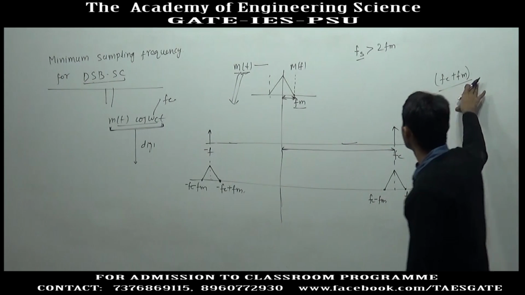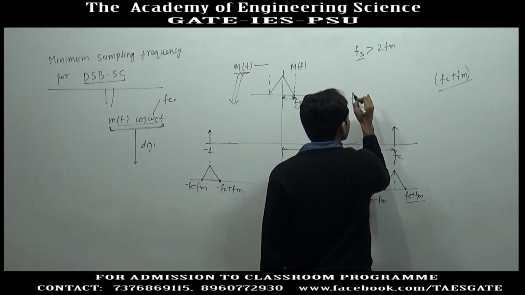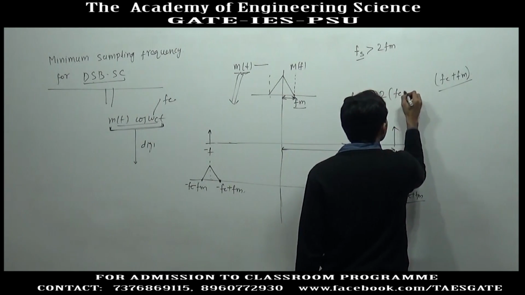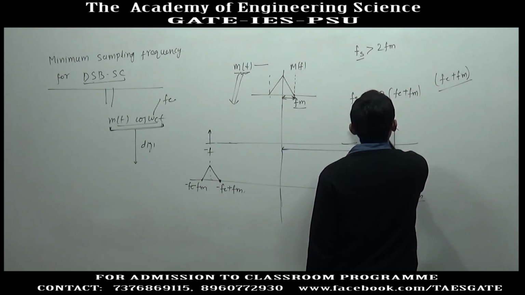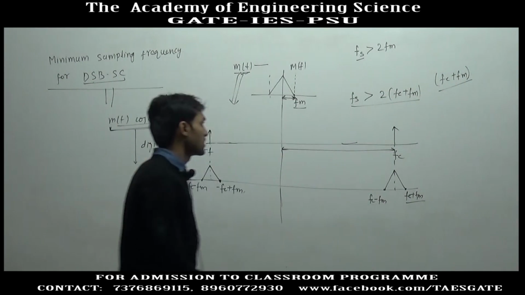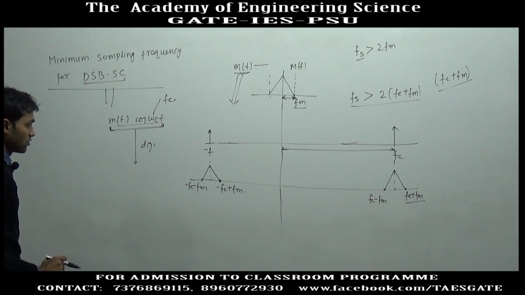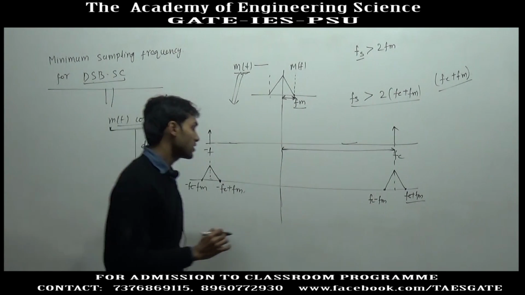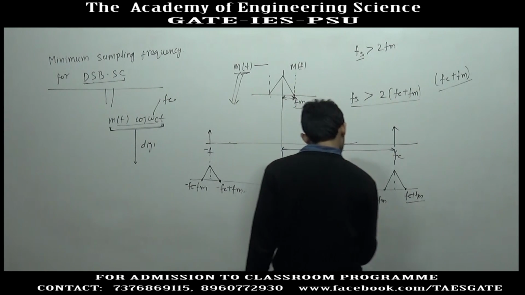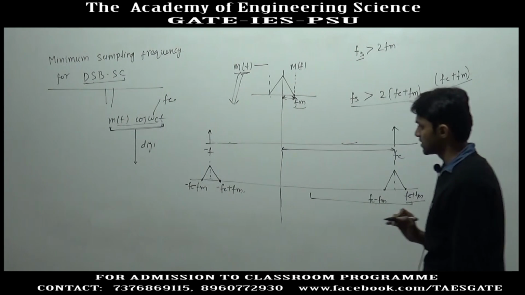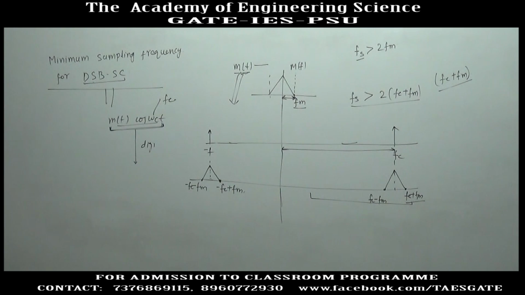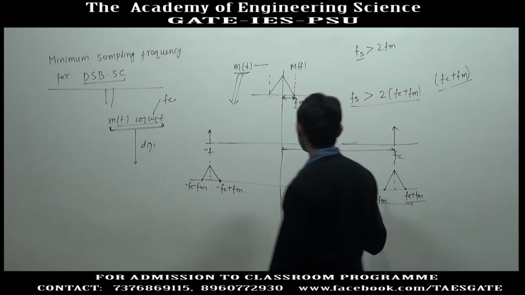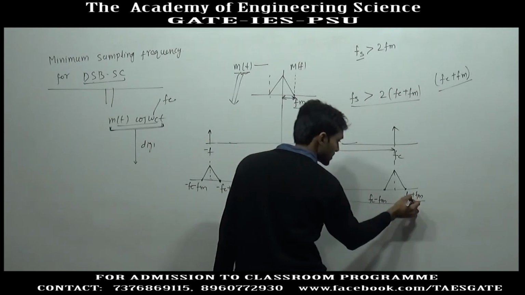So, if we apply this formula, do we need a sampling frequency that must be greater than this, or is it something else? Those who have studied it must know that for digitalizing this signal, the sampling frequency must be greater than 2 into the bandwidth of this signal. The bandwidth of this signal is much less than Fc plus Fm.